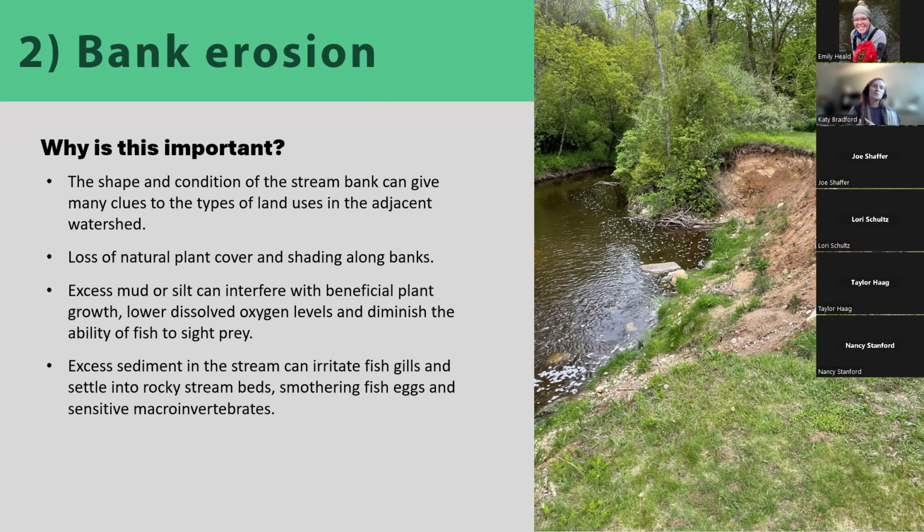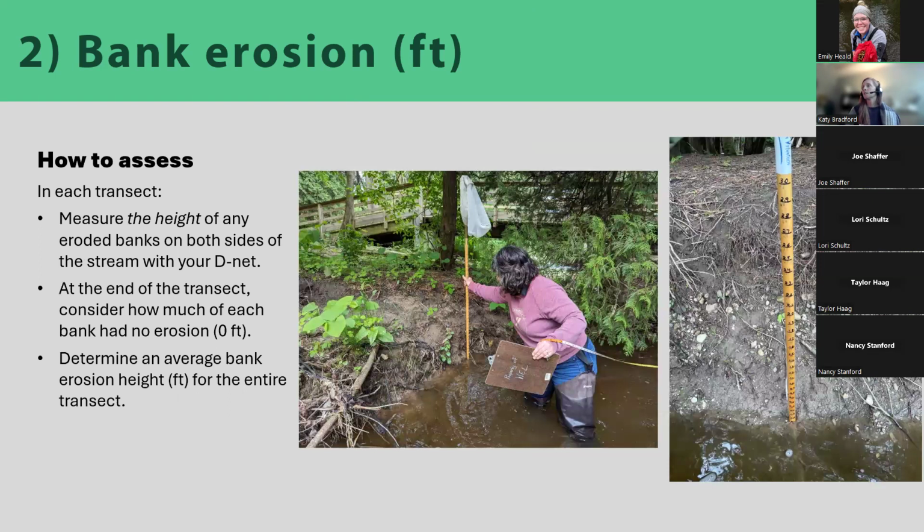More sediment in the stream also results in all kinds of more issues like lower dissolved oxygen levels. And for fish, it's harder for them to see prey. So lots of trickle down effects, and a reason we don't want severe bank erosion. This also can, of course, if there's structures nearby, begin to threaten buildings and homes.